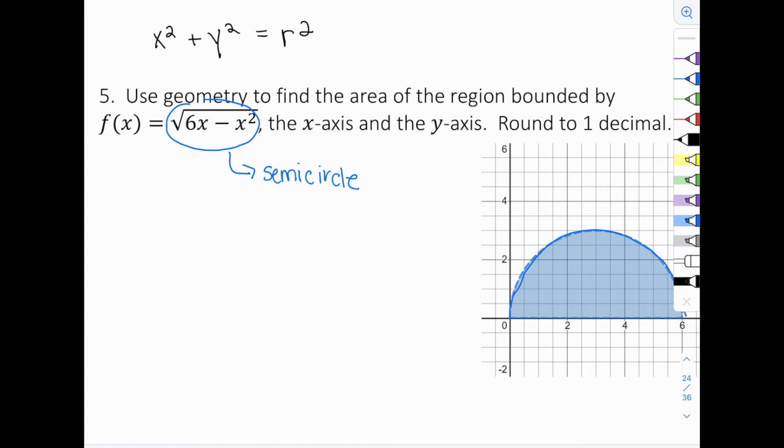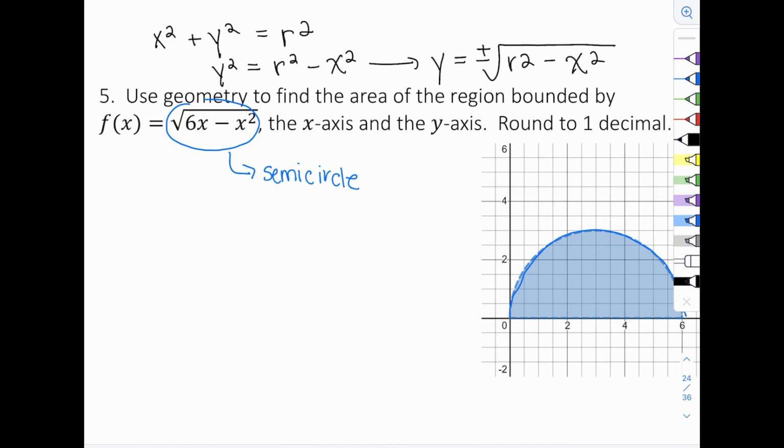If we tried to write it isolating y, we'd first get y squared is equal to r squared minus x squared, and then we'd have to take the square root. When you take the square root, you need to do the plus and the minus. That gives us y is equal to plus or minus the square root of r squared minus x squared.